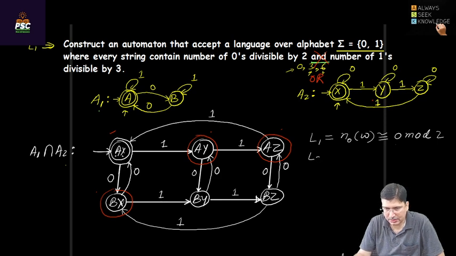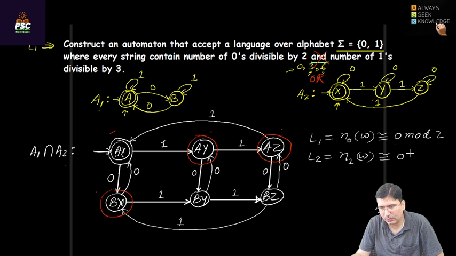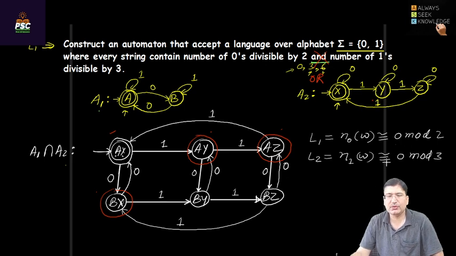So similarly, we can represent L2 language, which is represented by A2 automata. Here you can write the number of ones in every string W in L2 needs to be congruent to 0 mod 3. So in this way also we can represent these two languages.